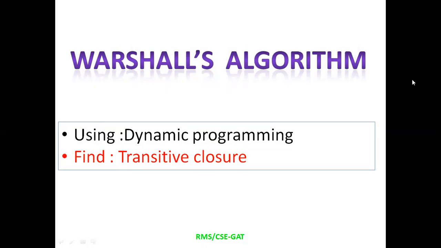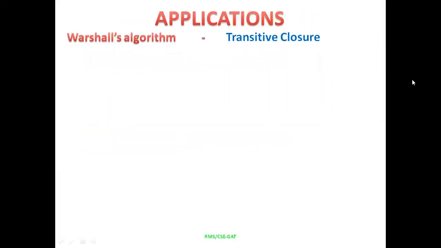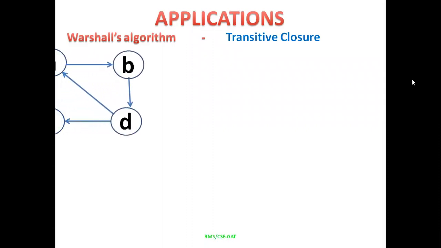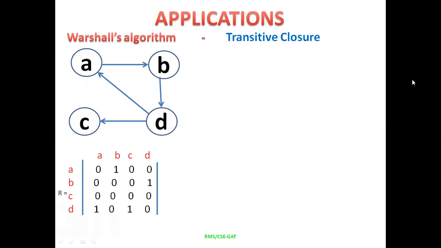The main purpose of Warshall's algorithm is to find the transitive closure. That is, Warshall's algorithm is used to find the transitive closure of a directed graph by using an adjacency matrix. Adjacency matrix means, for a given graph, we need to construct a Boolean matrix.